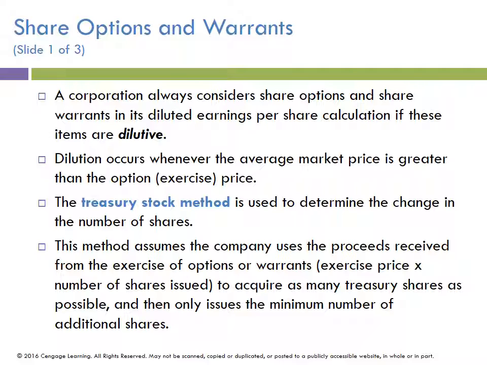So they're issuing more common stock, and there's more common stock outstanding. But the next thing we assume immediately is that the company takes the proceeds from the person exercising the option or warrant and immediately reacquires stock out of the stock market, its own stock, treasury shares, as many shares as possible.